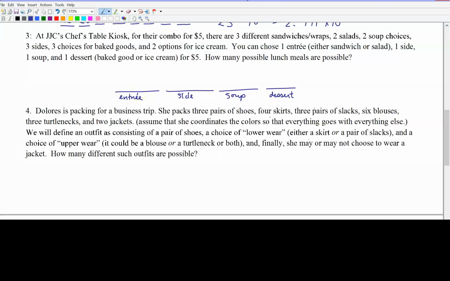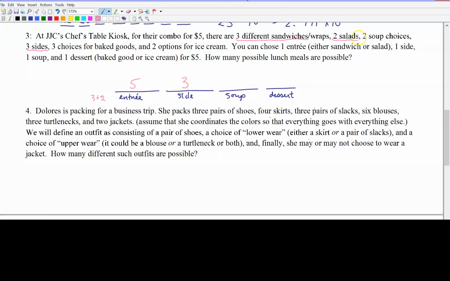Okay, so for the entree you can have either a sandwich or a salad. If you have 3 sandwich options and 2 salad options, total for your entree choice then, you have 5 options. For your side, you've got 3 side options.